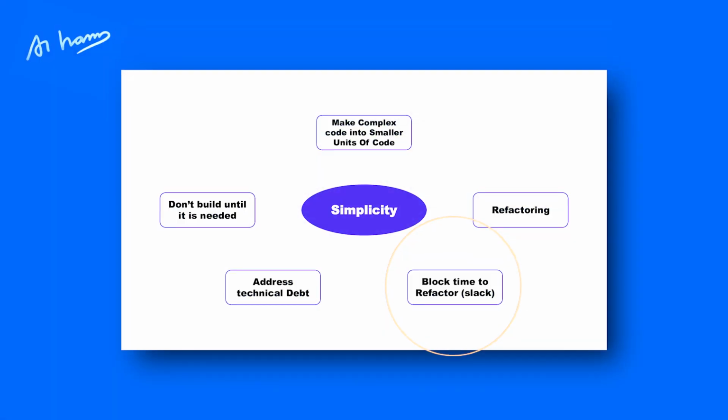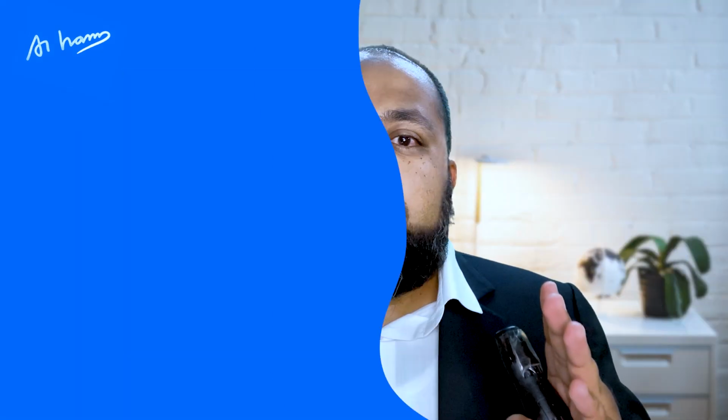Next point: block time to refactor in the slack. For example, in the quarterly release we must block dedicated time, at least two days, to refactor the entire code. If you're talking about a week, we should keep at least three hours a week for refactoring.